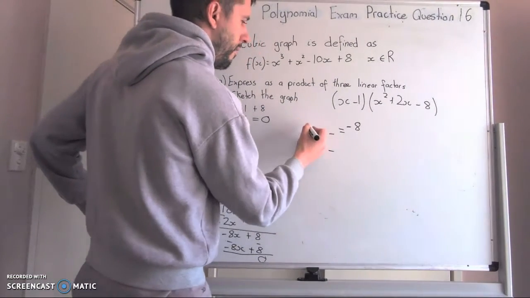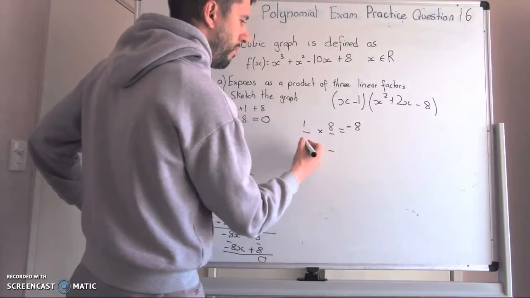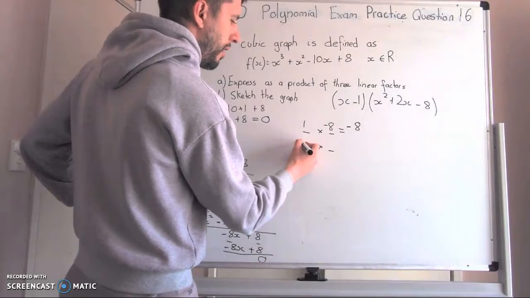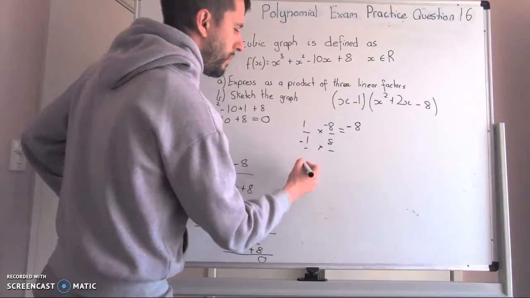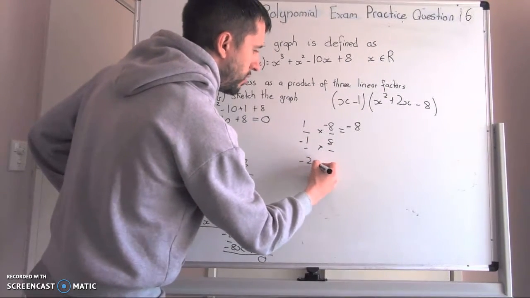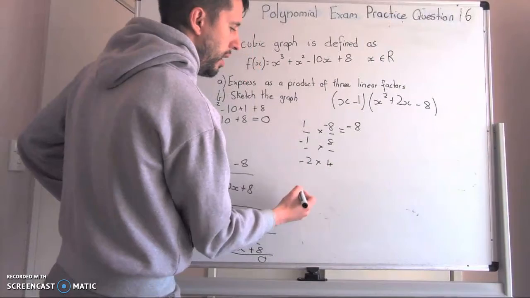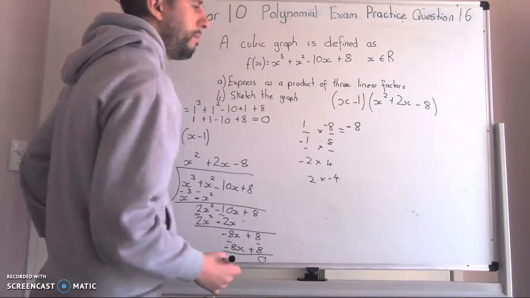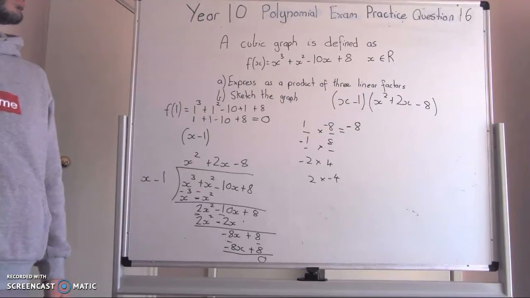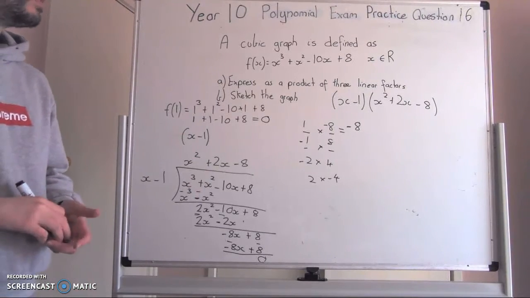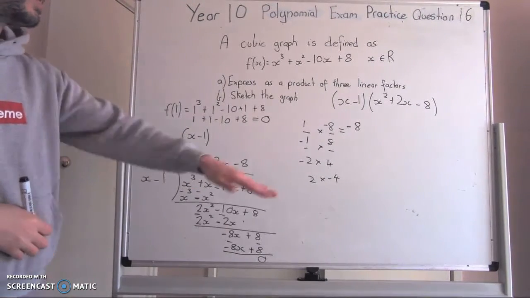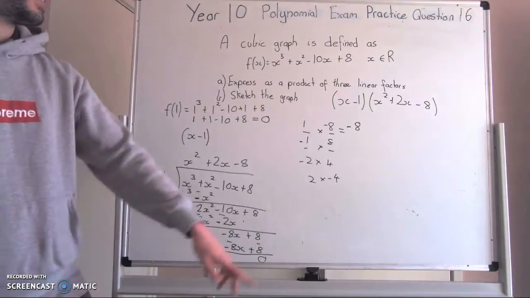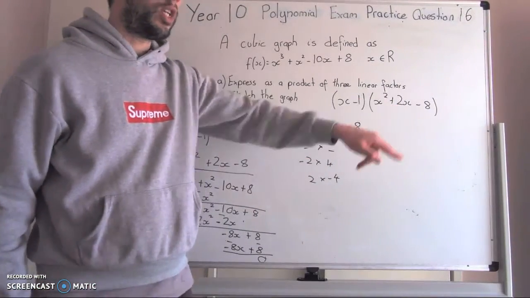I could have 1 and 8. That needs to be a negative. I could have negative 1 and 8. I could have negative 2 and 4. I could have 2 and negative 4. And that's everything. So now, based on that, I need to see out of these what ones add up to B, which is 2.